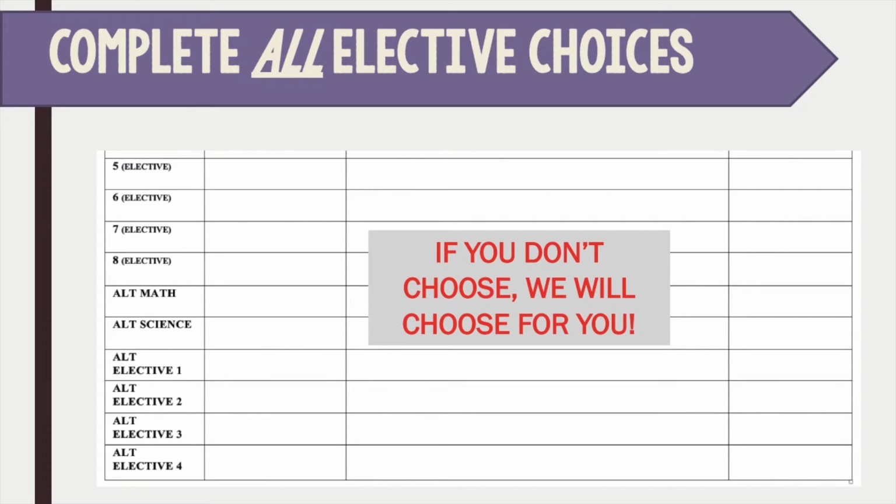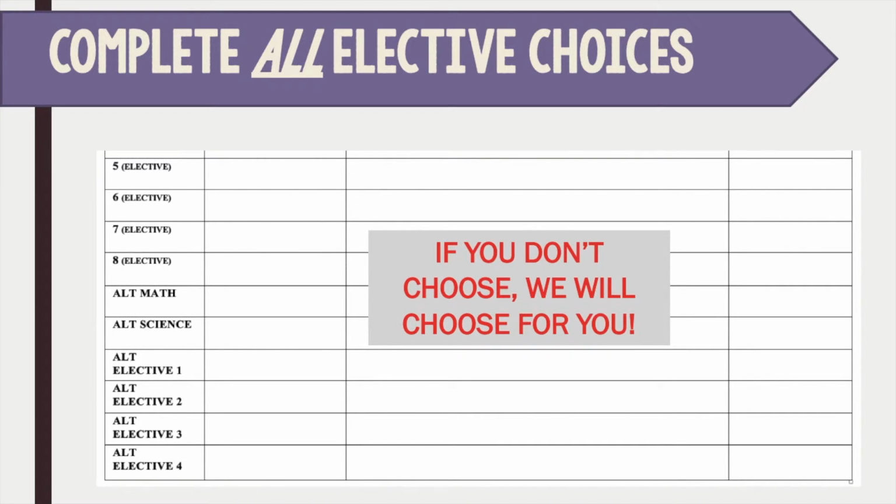And that's for the same reason as I just said about the math and sciences. If you know that you would just die if you were not in art and choir and agri-science and culinary, then those are your first 4 choices for sure. But if you'd be okay, if one of those didn't work out, for taking greenhouse instead of agri-science, then put that as your alternate.